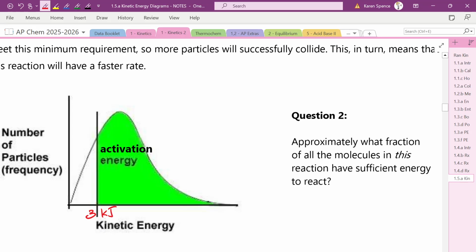Approximately what fraction is this of all the molecules? It's the majority, okay? I think in the other class I called it 9/10. Let's call it 9/10. We've gone from a low percentage to a high percentage. And that's why we talk about the percentage or fraction of collisions which are effective, because we are looking at the fraction of collisions in here that are effective.